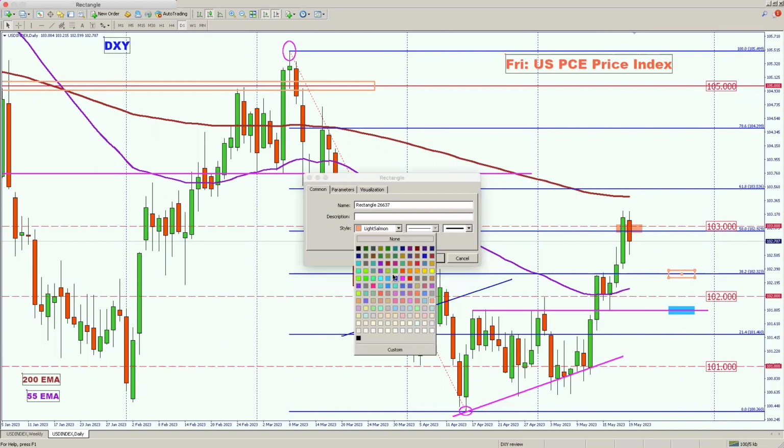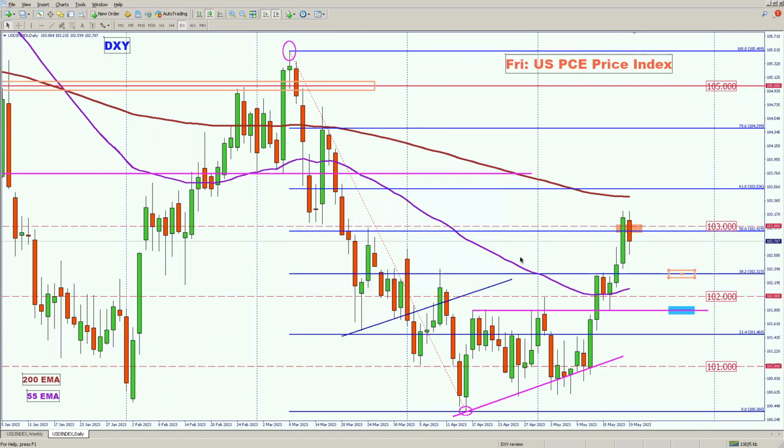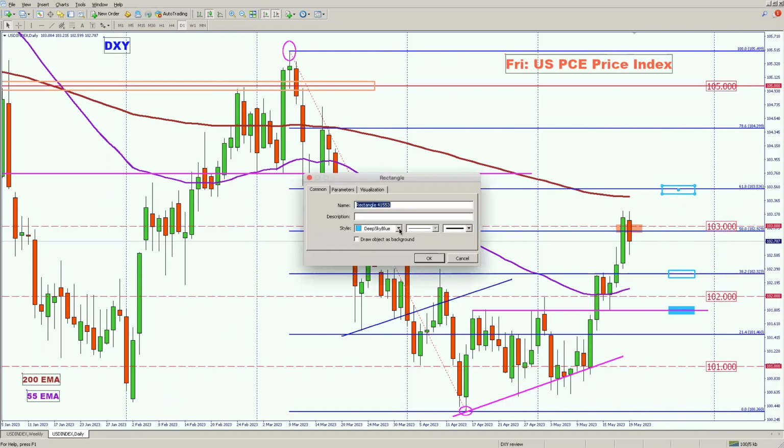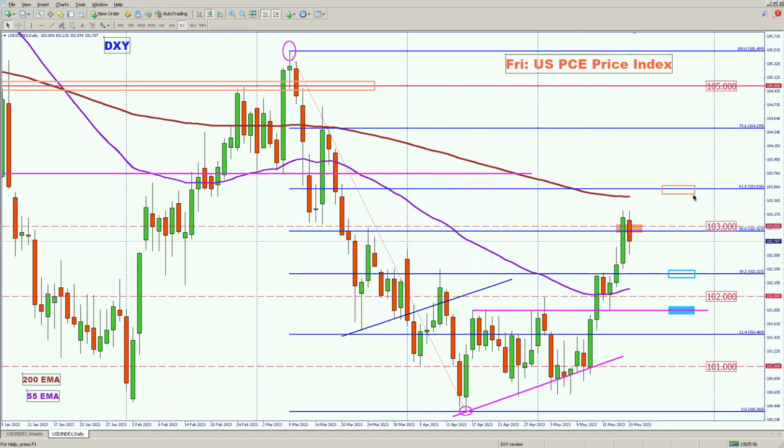Let's mark this as support. And likely resistance zone up at the 62 fib, along with the daily 200 EMA.